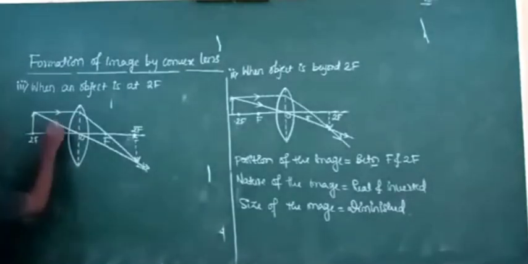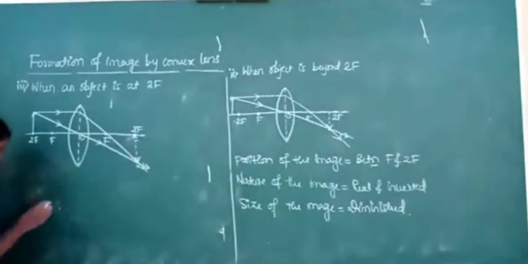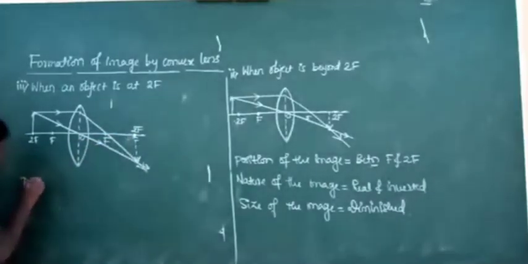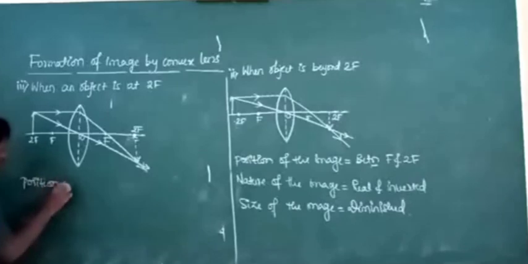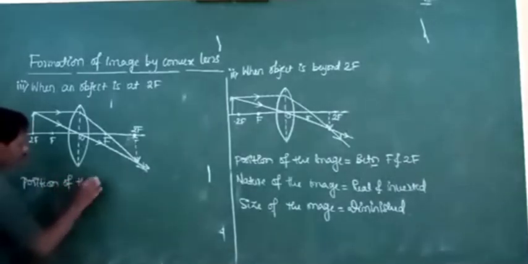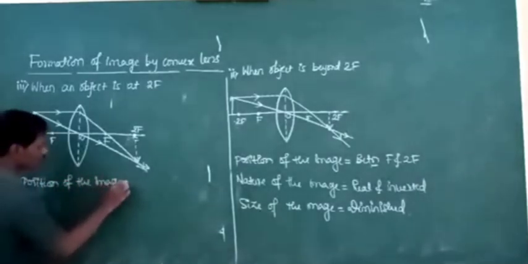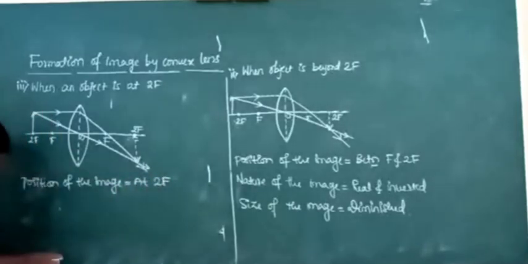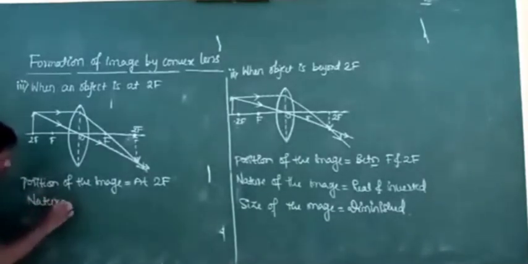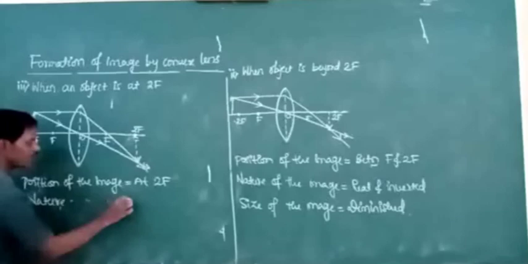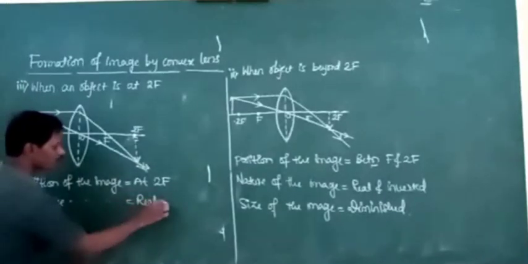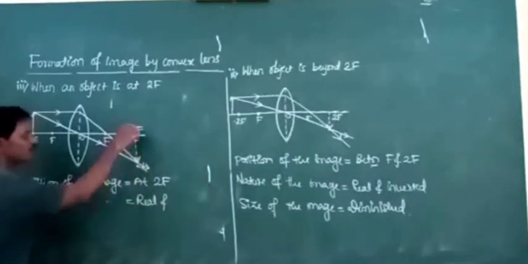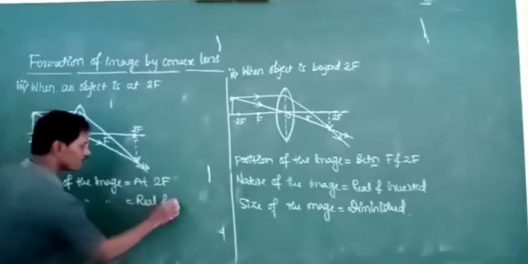Then what is the position of the image here? The position of the image is at 2F. Then next, what is the nature? The nature of the image is again real and inverted, because we can obtain this image on the screen.